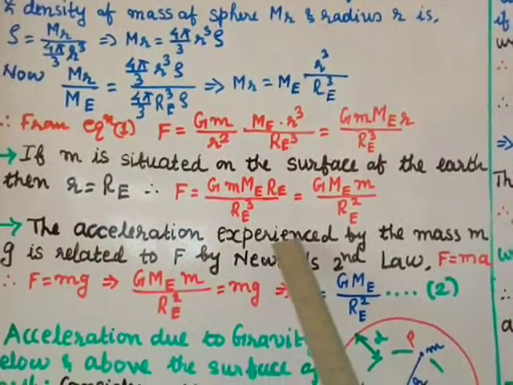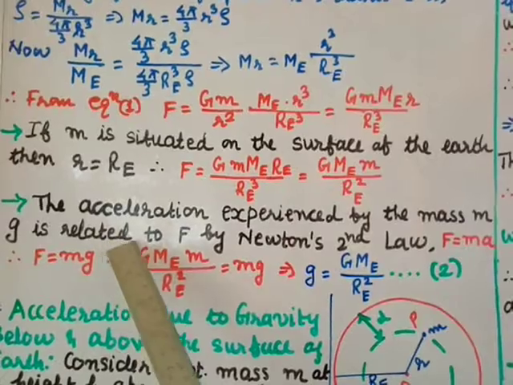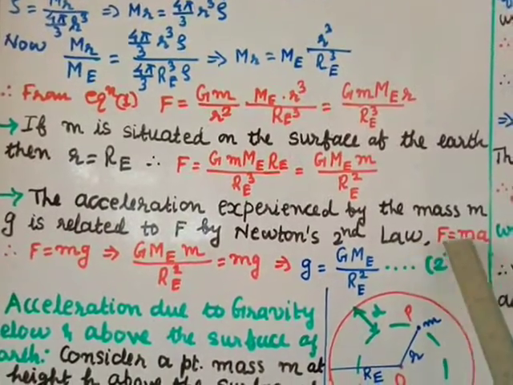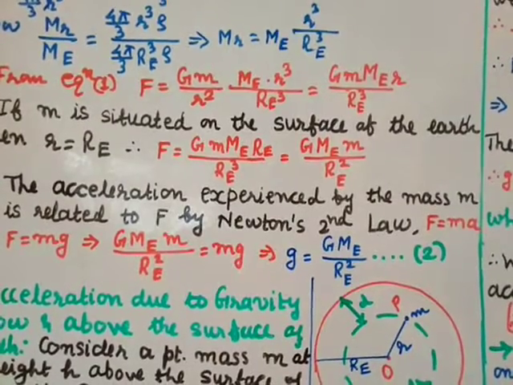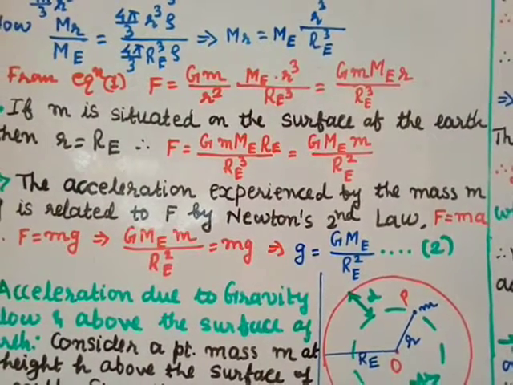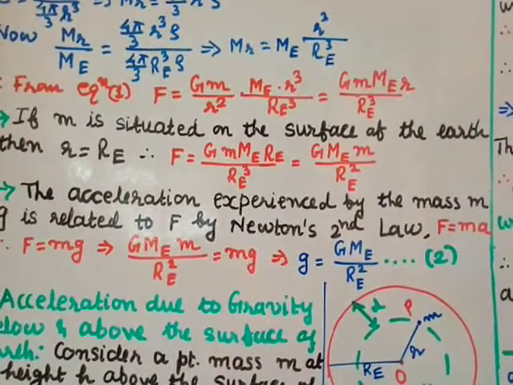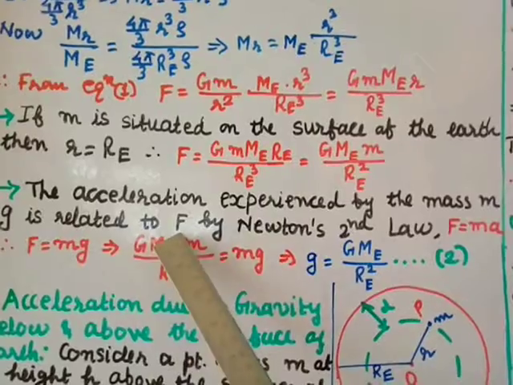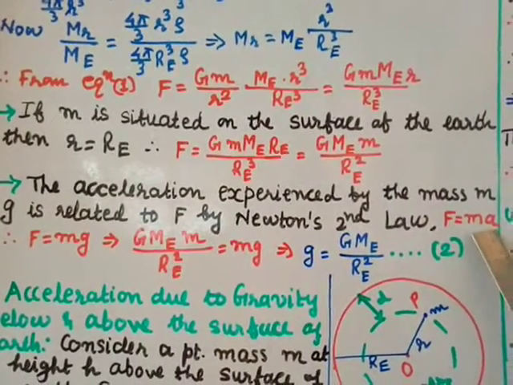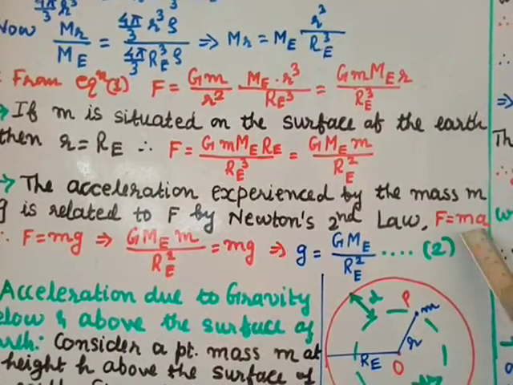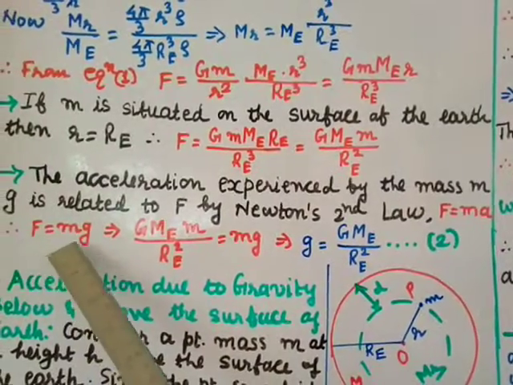The acceleration experienced by the mass m is g, which is related to F by Newton's second law, F is equal to ma. Now we know that the acceleration on the mass m due to gravity is g. If F is the force, then they are related by Newton's second law, F equals ma. But here, instead of a, it is acceleration due to gravity, so you put g here. So F is equal to mg.